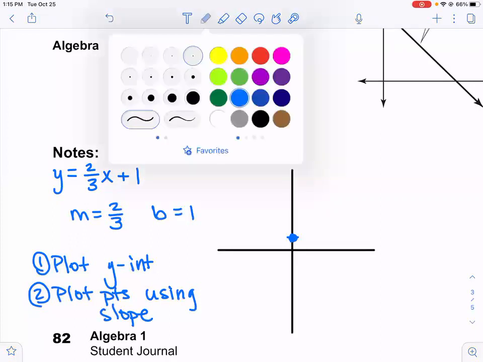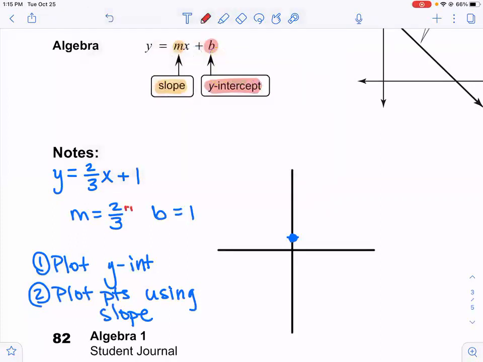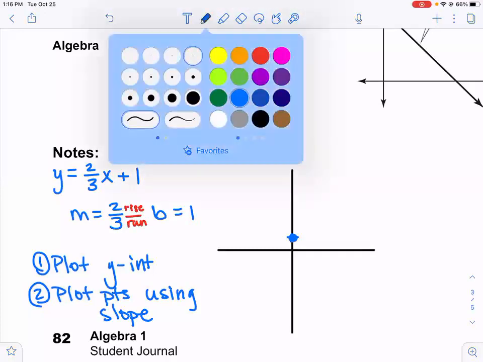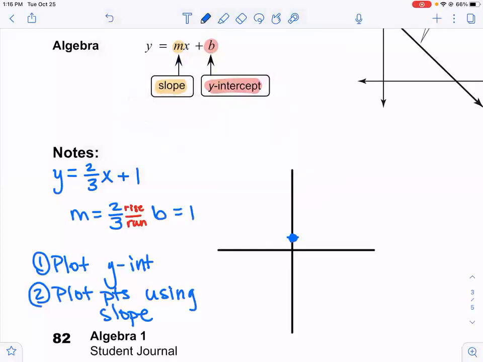Rise over run. So my rise is 2/3. So if I go up 2, which way am I going to go 3? Right or left? Okay. 1, 2, 3.